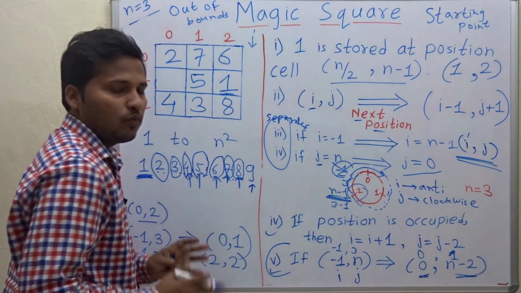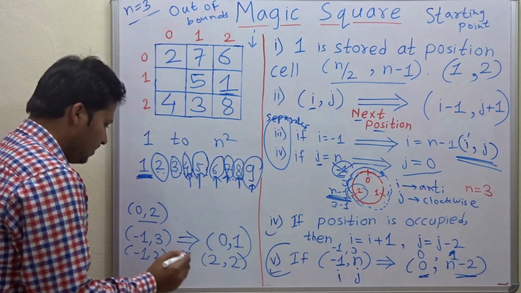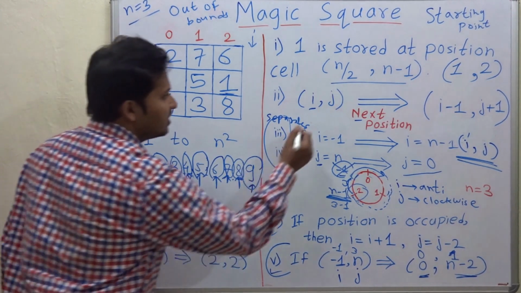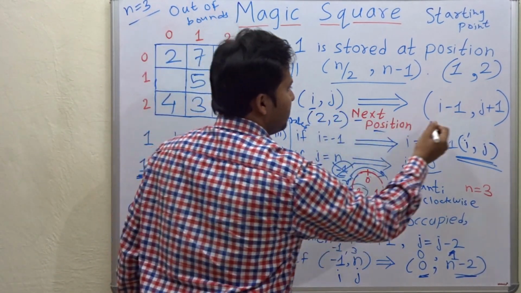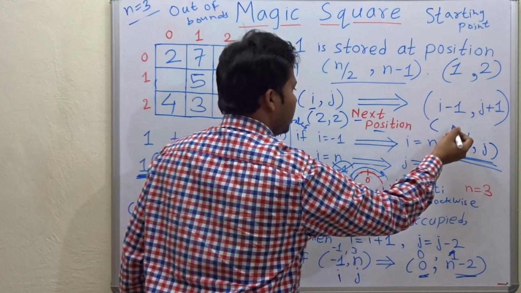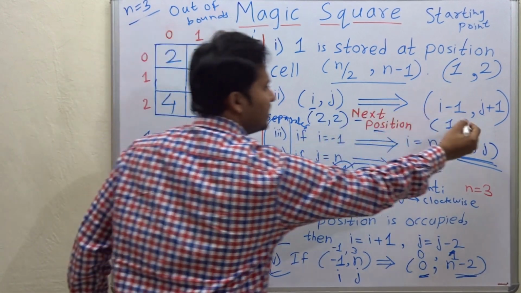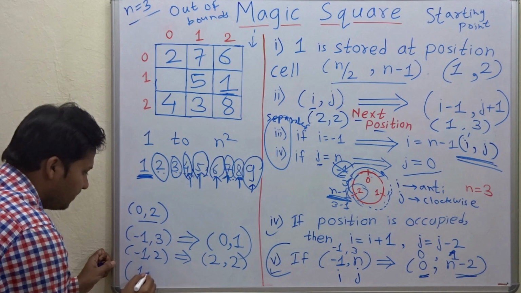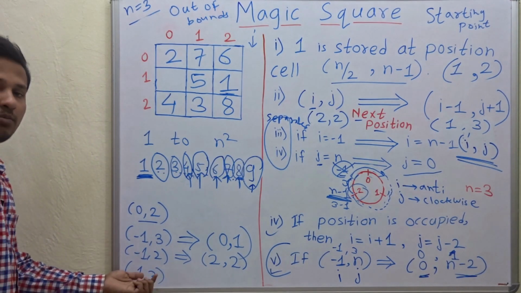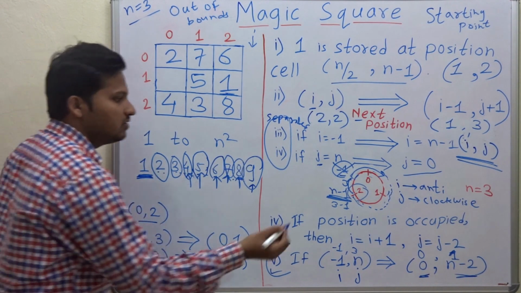Okay, so now what is the next position for element 9? The next element, see, as the current position is 2 comma 2, it will be i comma j, and what will be the next position for that? See, 2 minus 1 is 1 comma 2 plus 1 is 3. So the next position is 1 comma 3. Okay, but now here 3 is not valid and it exceeds 2.